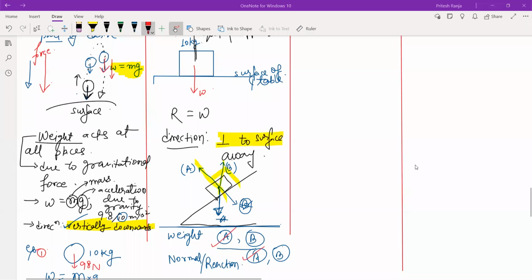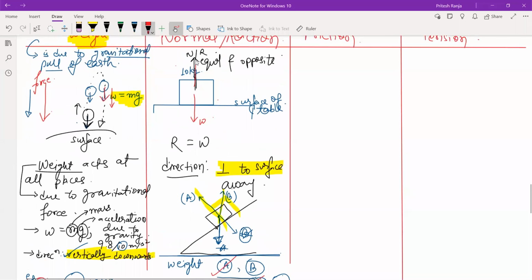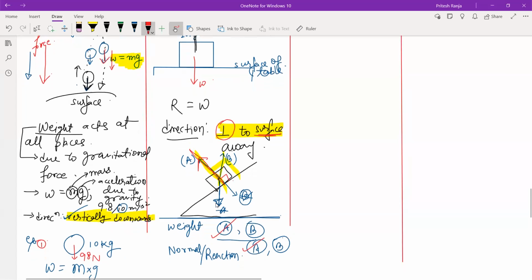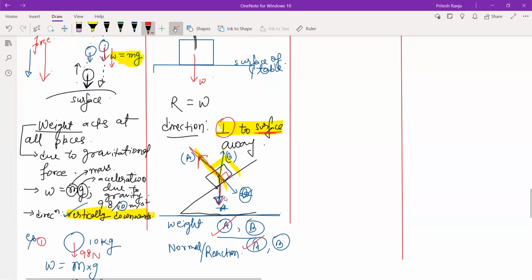Maximum of you have selected B, so I can understand why you have selected B. ये vertically upward direction नहीं कहा हमने, क्या direction इसका fix किया? We will look at the surface and we will find the perpendicular to the surface, और जो perpendicular होगा clearly, you can see this line is perpendicular to the surface, so A will be the direction of normal force and this A will be the direction of weight.